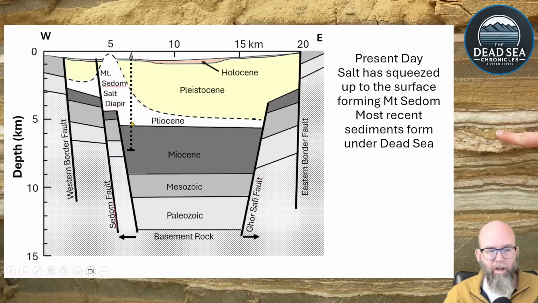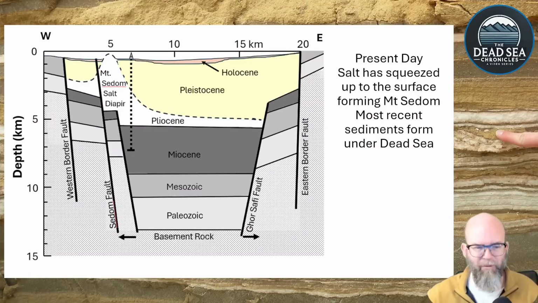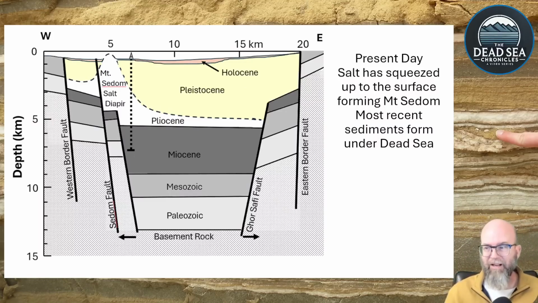You have to go way down, more than 15,000 feet, before you reach the Miocene rock. Whereas over here in Jerusalem, you've got Miocene rock, little bits of it still left on the surface, right? And then you go just a few miles over there and it's like, wait a second, that's 15,000 feet down from where we're at now. That's a huge drop. So this is a lot of rock that has fallen a long way down.